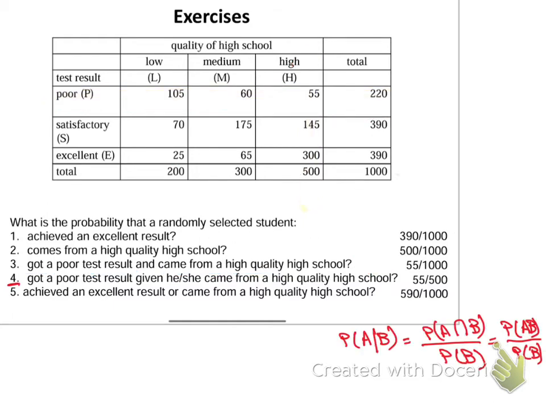Question number 4 is a little tricky because it is a given case, but it is not tricky for us because we're already well trained on such type of questions. So, got a poor test result. The question again: the probability that the selected student will get a poor test result given she came from a high quality school. So I have two conditions here. This is a given case.